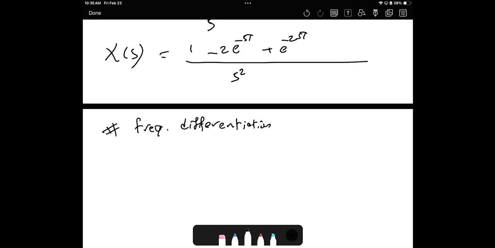I'm not going to go through the derivation, but I just want to let you know that when there is t times x of t, you can see it in the table, table 3.2, it will be the negative d by ds of X of s. So when a function is multiplied by t, t will make it the negative derivative.